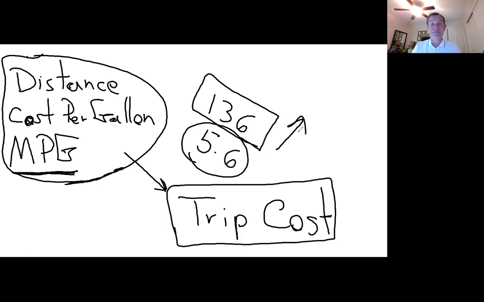And then you fill it up again. So all the way full, and then you can just read off of the gas pump how many gallons it took to fill it back up again. Because you started with it full, you drove, you know how far you drove, then you fill it up again.